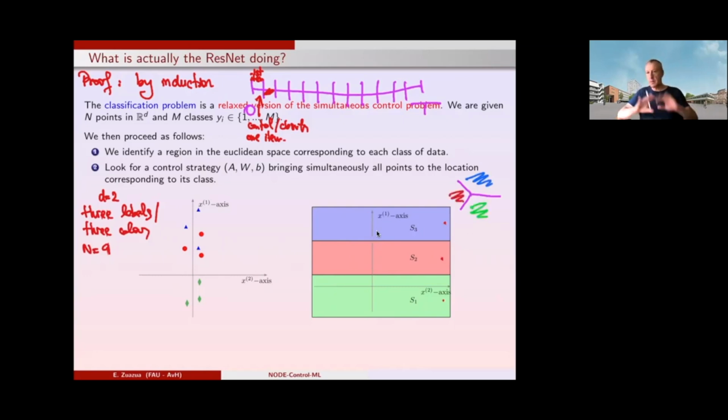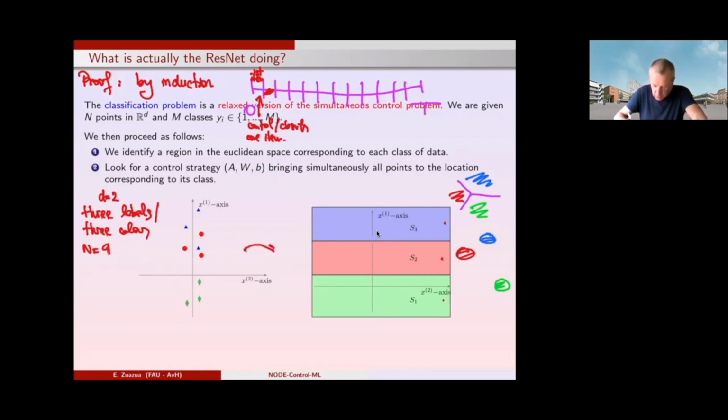Or you could have even said, no, I would like to be more ambitious, and choose 3 neighborhoods, like 3 disks, and the classification will be achieved by placing the blues in the blue disk, the reds in the red, and the greens in the green. But just to simplify things, I present the result in such a case where classification is successful if you succeed in building an ODE.